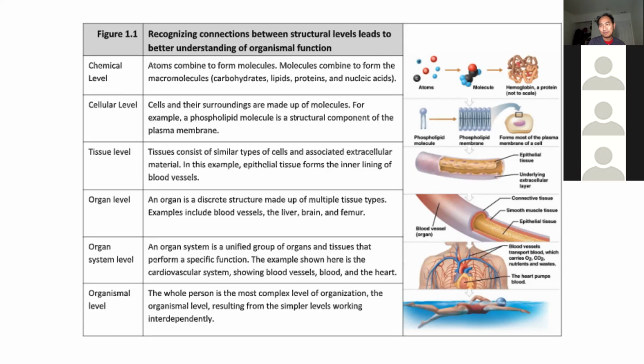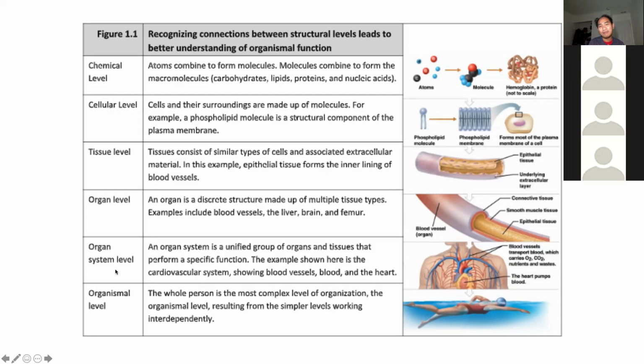And if these tissues group together, they form organs. Cardiac muscle tissue groups together to form the heart. Blood vessel tissue groups together to form blood vessels. And the connection of the heart and blood vessels gives us the cardiovascular system.